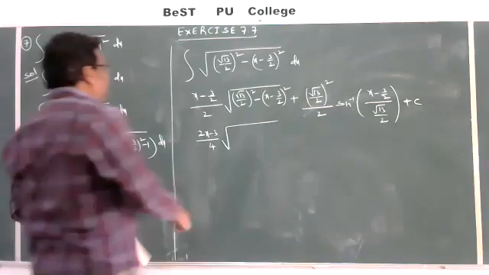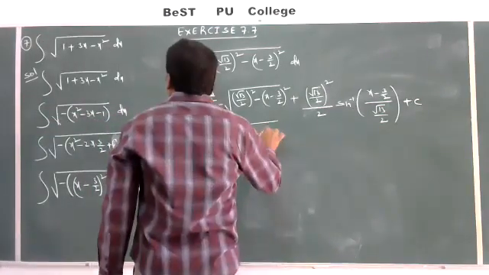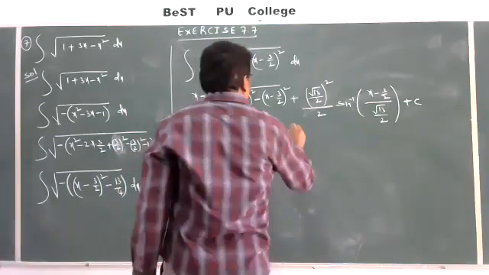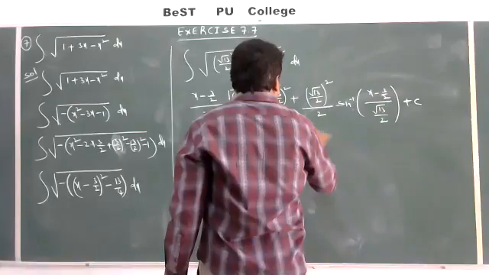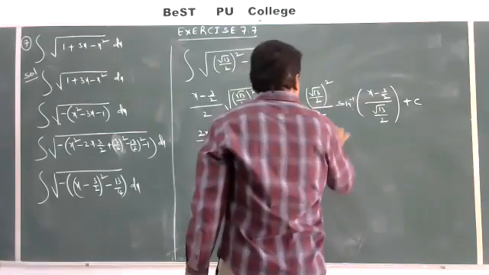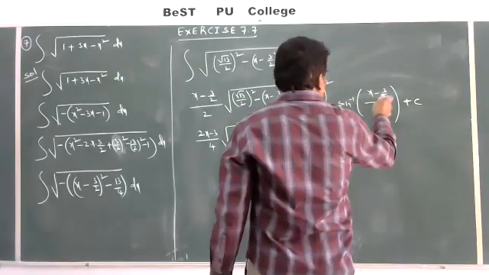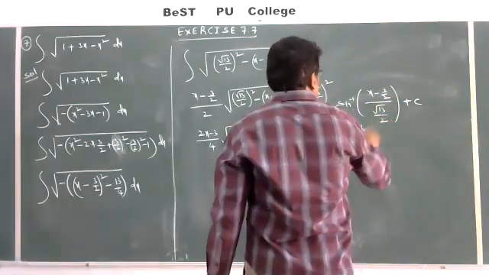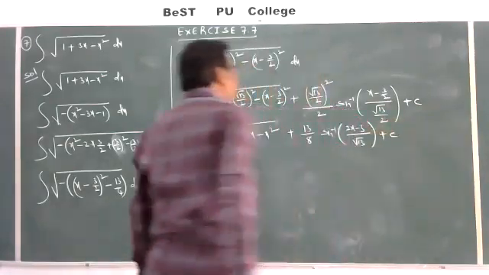So that is 1 plus 3x minus x square, plus this is 13 by 4 by 2, that is 13 by 8 into sin inverse of, here take LCM, 2x minus 3, in the denominator 2 cancels here, 2x minus 3 by root 13 plus c.